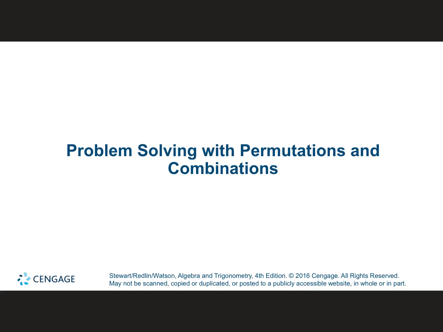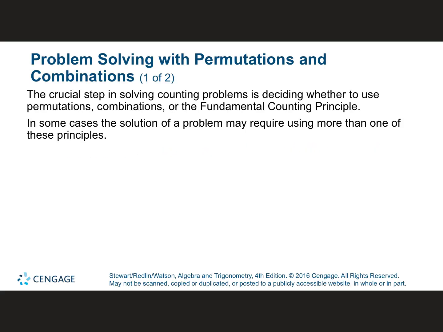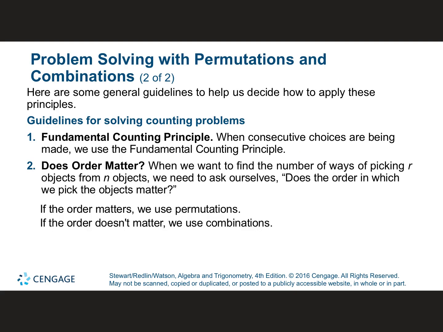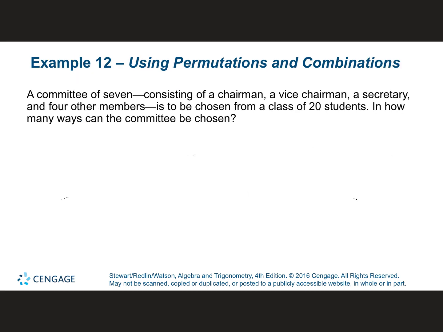If we move on to another type of example, we are going to be looking at a couple different things happening within one instance, to where you're using both your permutations and your combinations. For this example, it tells you that a committee of 7, so that's your total, consisting of a chairman, a vice chairman, and a secretary, and 4 other members.